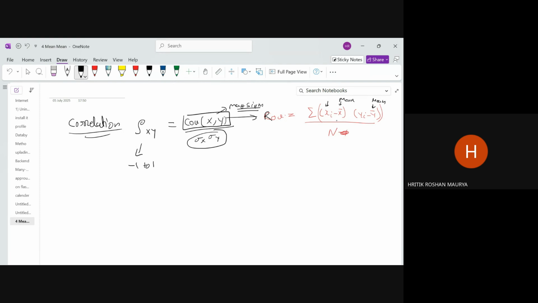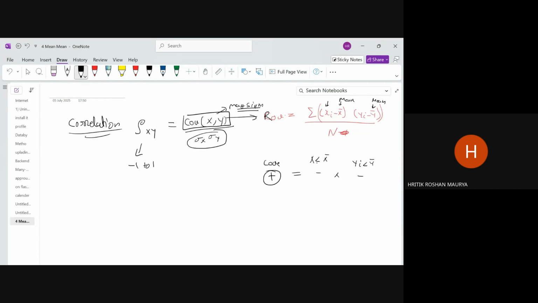So if the x variable is less than its mean, and the y variable is also less than its mean, then this will be negative, and this will also be negative. If both are multiplied, the covariance will be positive.